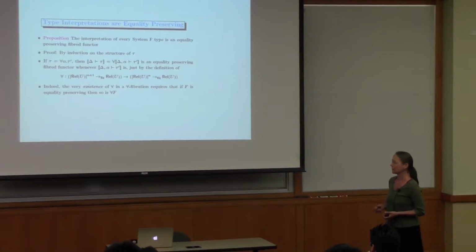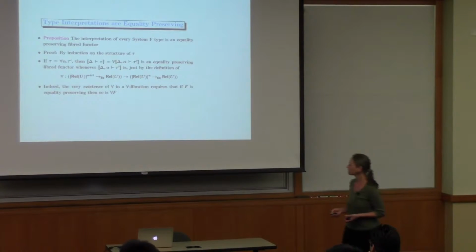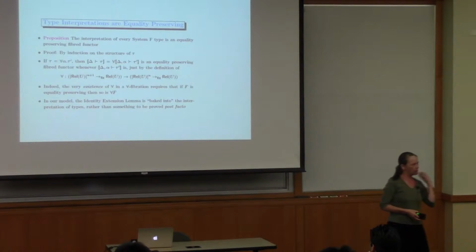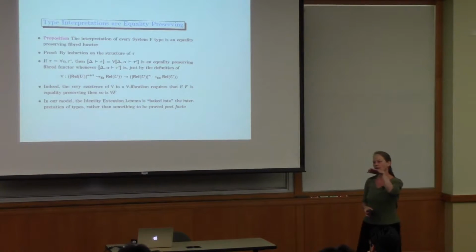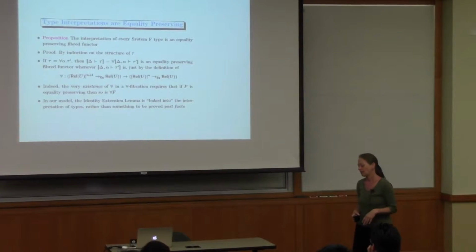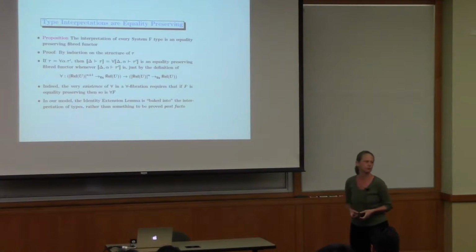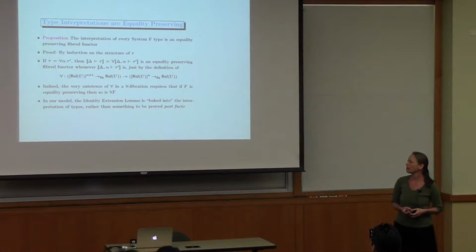Okay. So again, the point is that the very existence of for-all in our for-all fibration guarantees the for-all case of the induction. Remember when we looked at Reynolds' model, we gave the interpretation for types, and then afterward we proved, post facto, that the interpretations of types preserve equality.